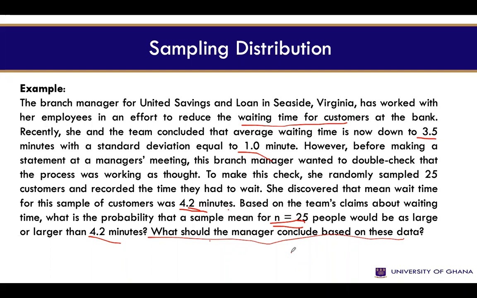What the manager got was too small. It won't really affect what the employee said, the 4.2 minutes. So she should take it as 25 people do take 4.2 or larger. Okay, I can see you are really trying. All right, Eugenia, yes.